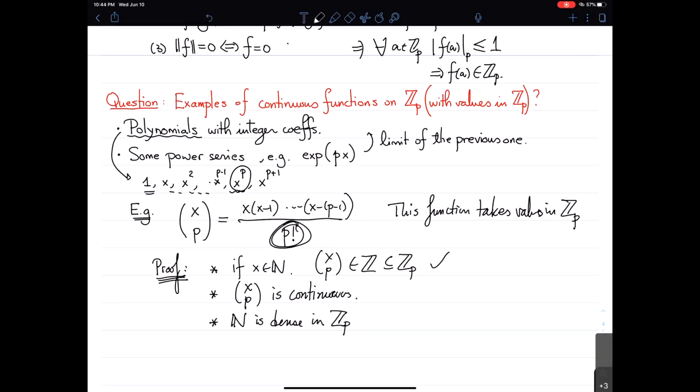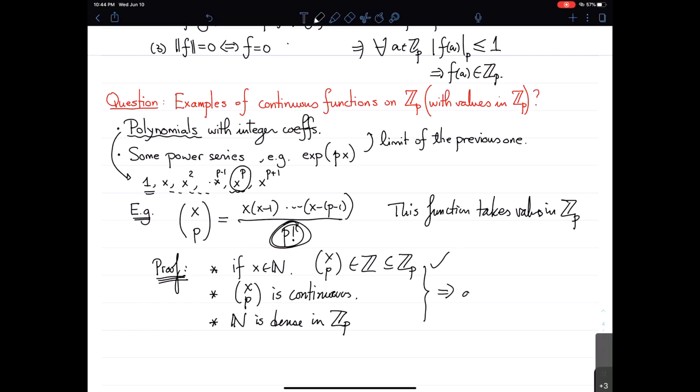We know that Z_p is the p-adic completion of the integers, but in fact, it's enough to take the natural numbers. And if you think about the p-adic expansions we write down, they're essentially limits of positive integers. If you combine these three, you see that it's a continuous function. It takes values in Z_p on the dense subset N. So therefore, there's no choice.